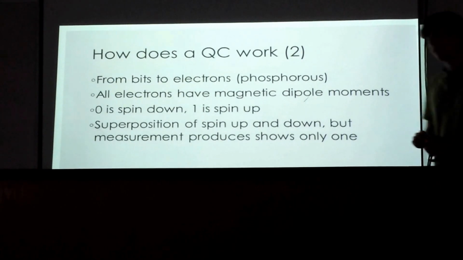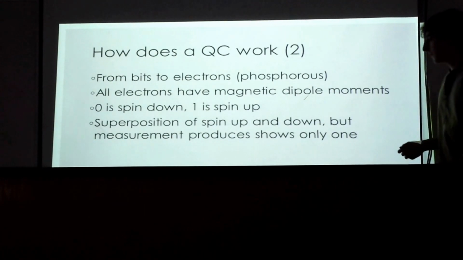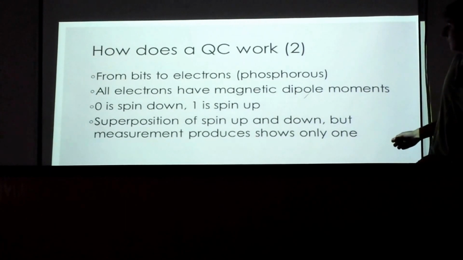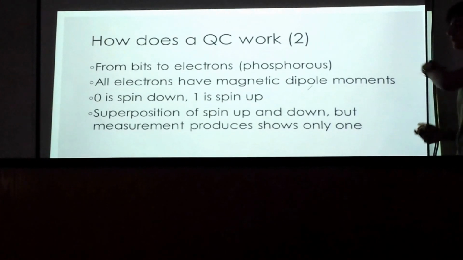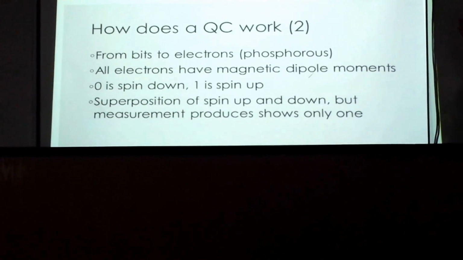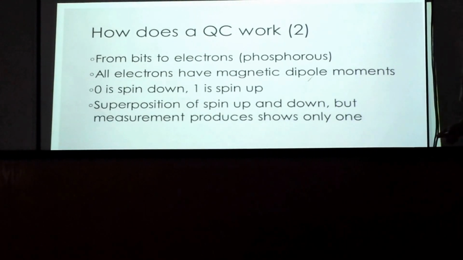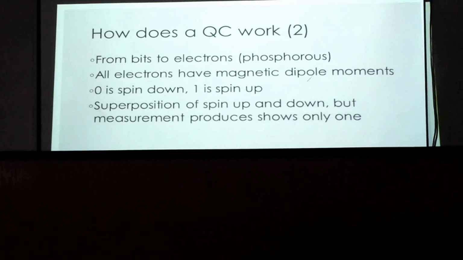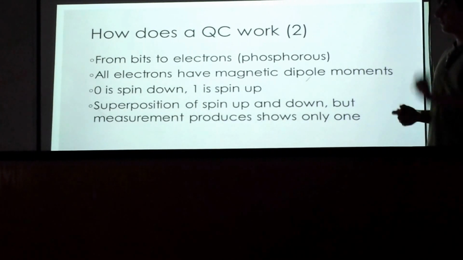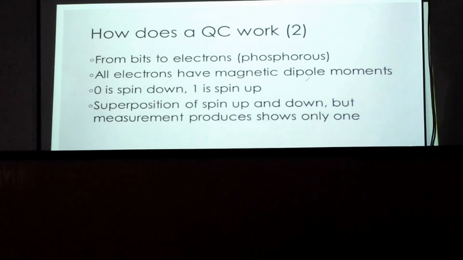That energy is supplied by the superconductor. When you turn on this magnetic field, the phosphorus atom will align its magnetic dipole moment, which all atoms have as an intrinsic quality, with the magnetic field.